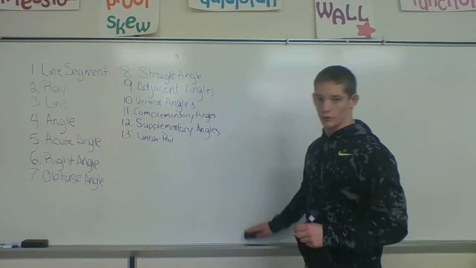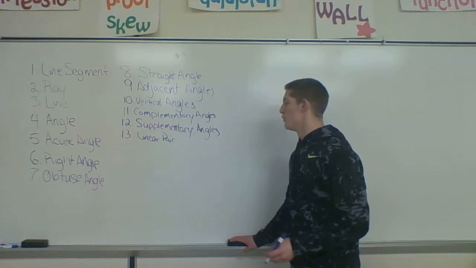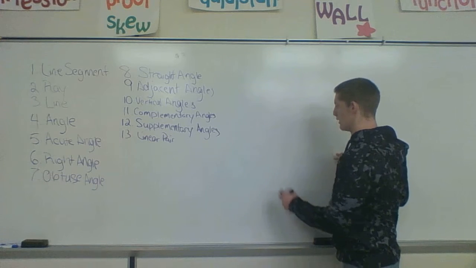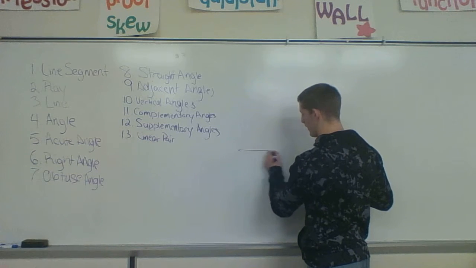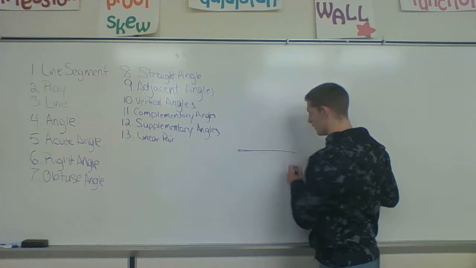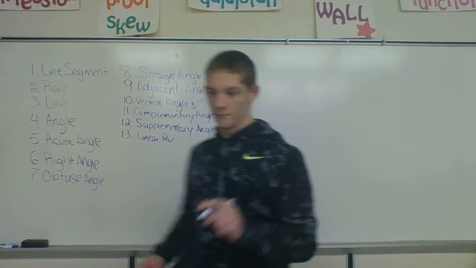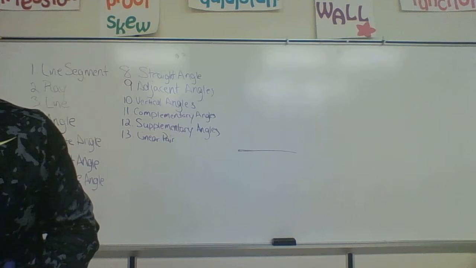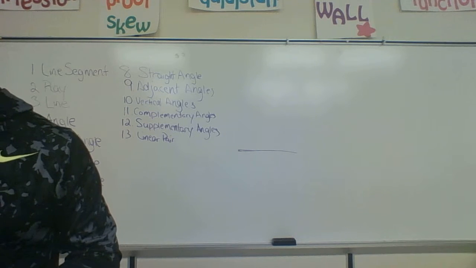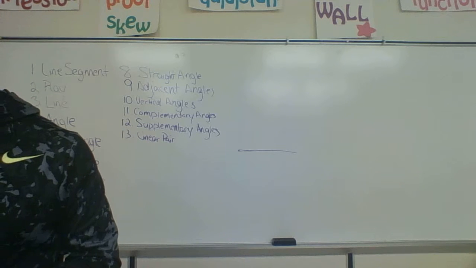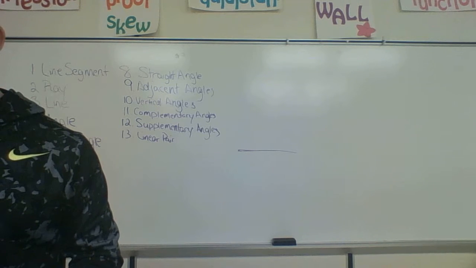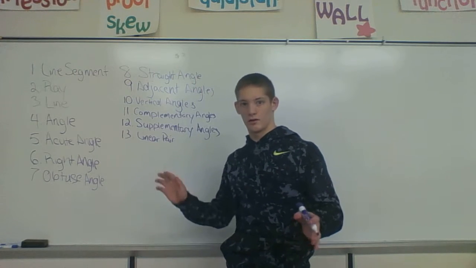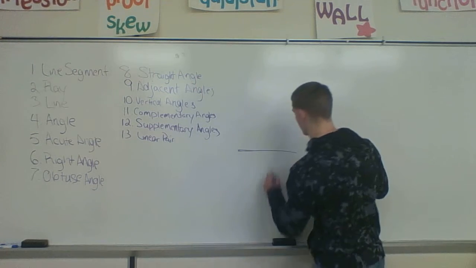And last, for this part of our lesson, we will be doing the linear pair. A linear pair is when we have two angles. This is when two lines intersect. Two lines intersect.